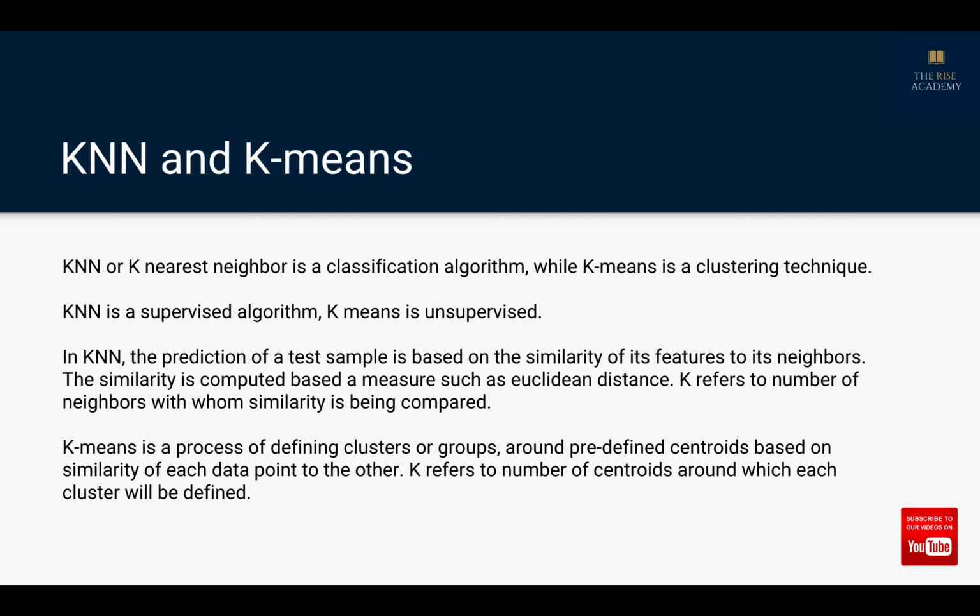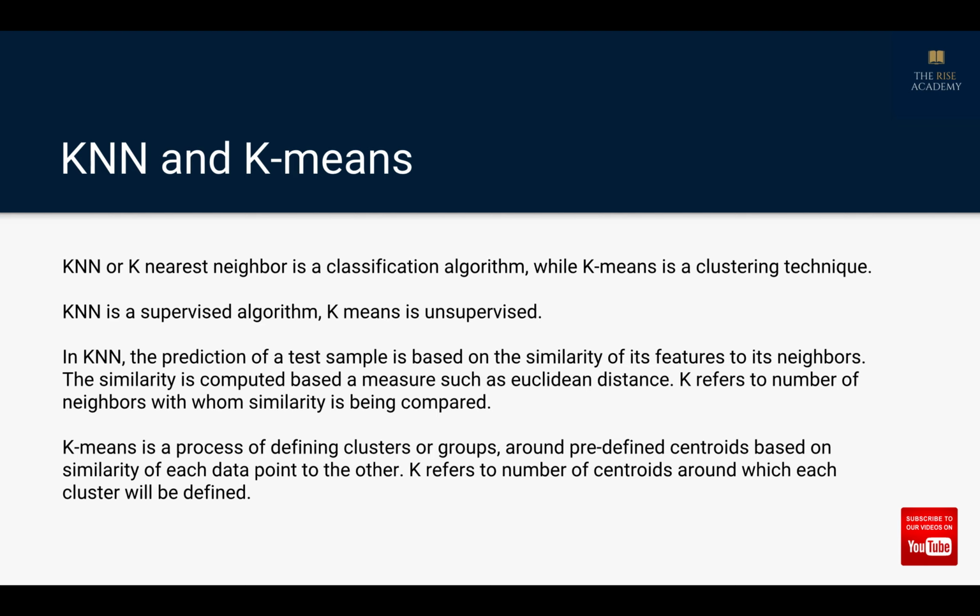K means is a process of defining clusters or groups around predefined centroids based on the similarity of each data point to the other. K here refers to the number of centroids around which each cluster will be defined.